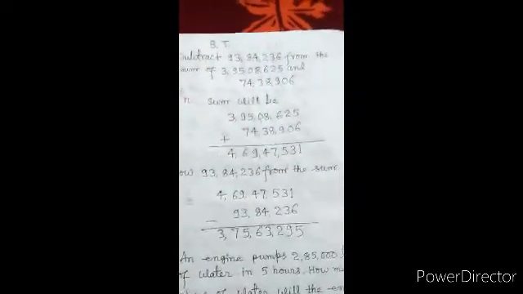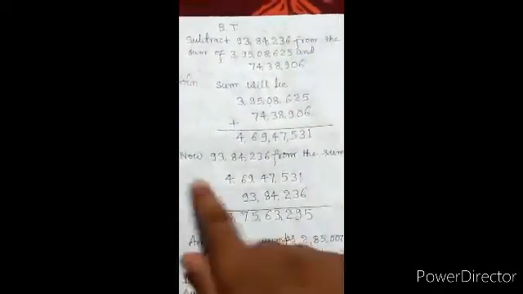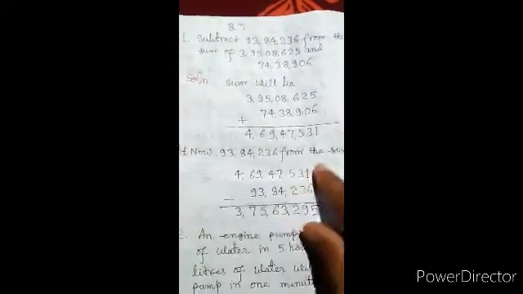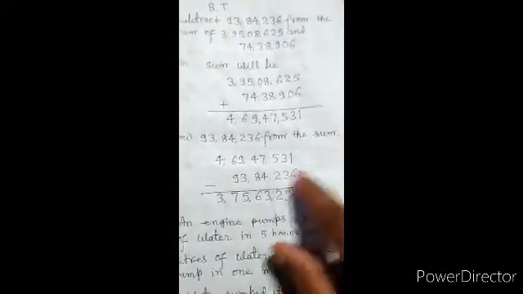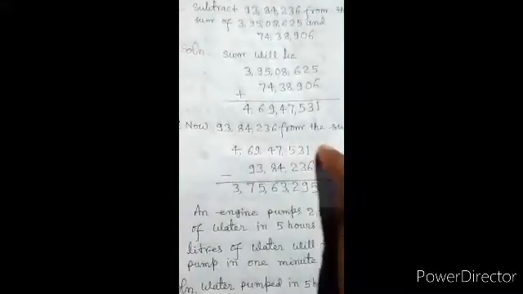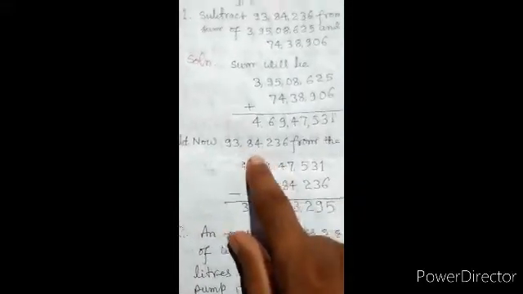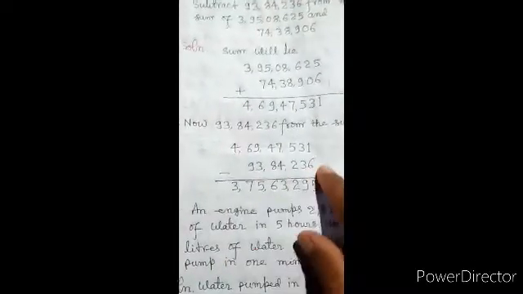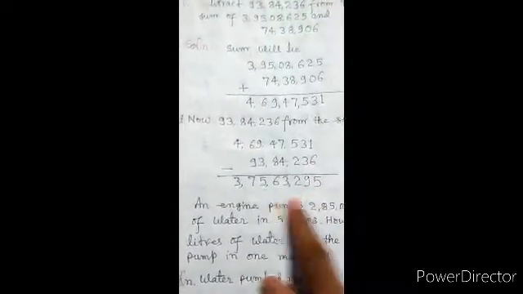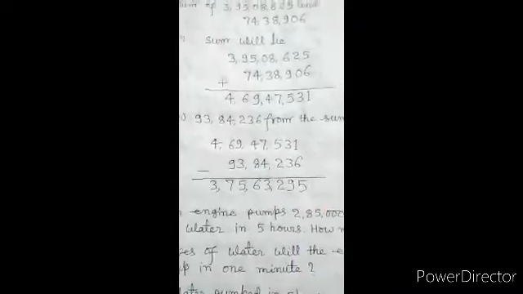This is the sum, and we need to subtract this number from this sum. So I wrote it like this. The sum is written first, and the number which is to be subtracted is written at last, and this number is subtracted, and I got this final result.